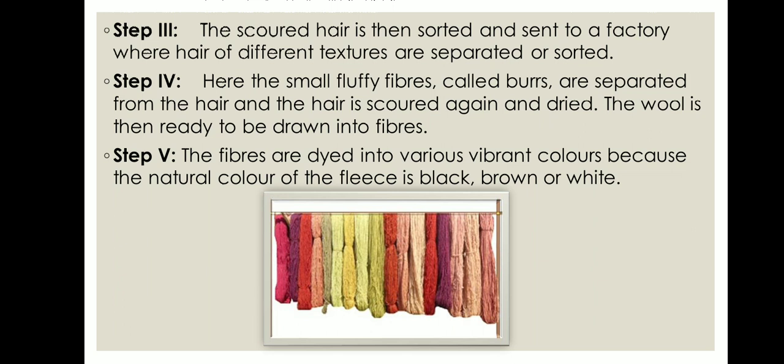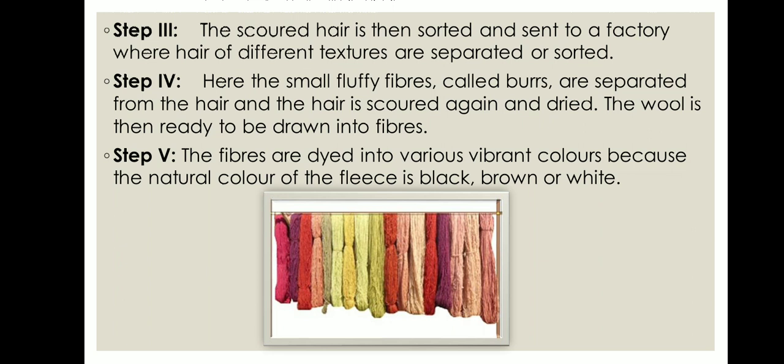The dyed fibers are sent for carding, where these dyed fibers are strengthened by passing them through metal teeth. This process of strengthening the dyed fibers is termed as carding, right? After it, next drying.